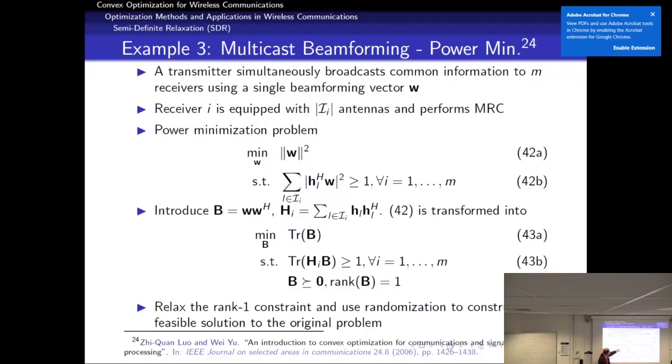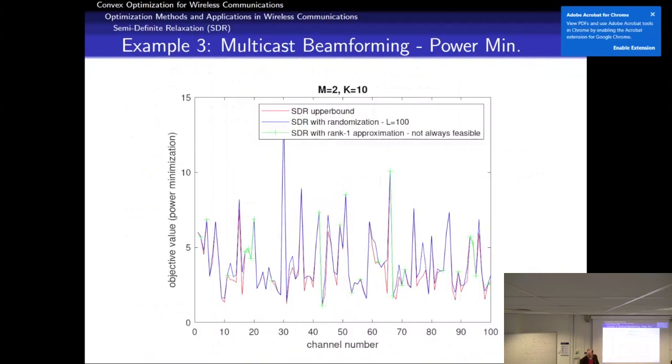That means the objective value can only decrease, right? You remove a constraint, so you can do better and further minimize it. This is what you see here with the SDR bound, by removing this rank 1 constraint. The red one is always the lower bound on the performance, or the upper bound, depending on how you see it.